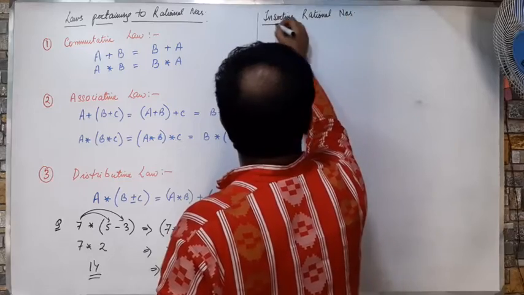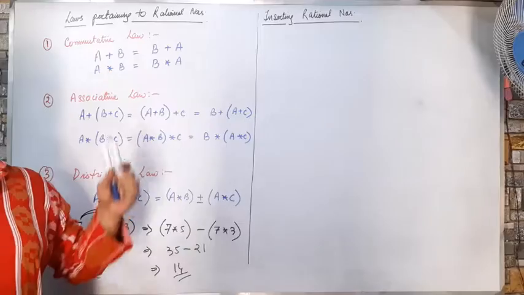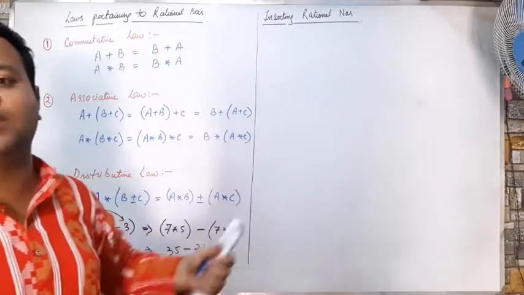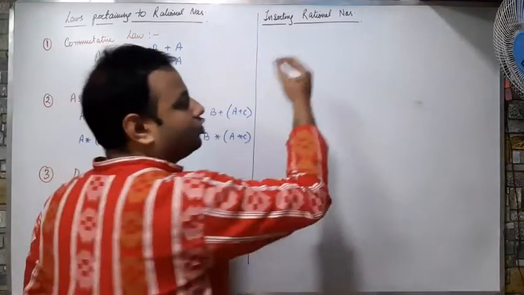Inserting rational numbers. How can I insert a rational number between two given numbers? The basic thing is that there are two ways to find that.